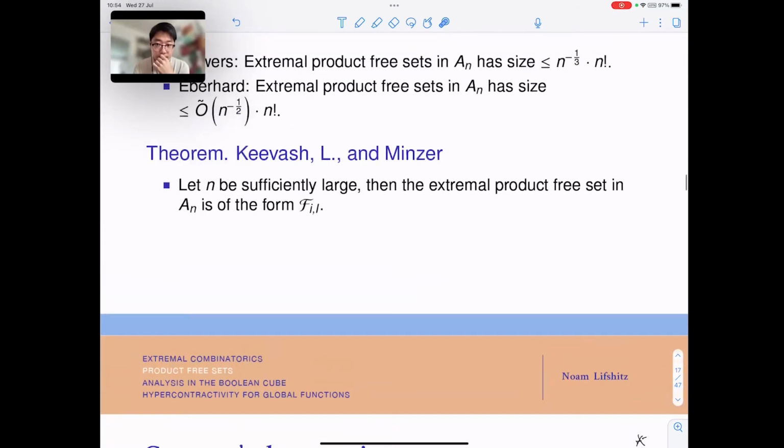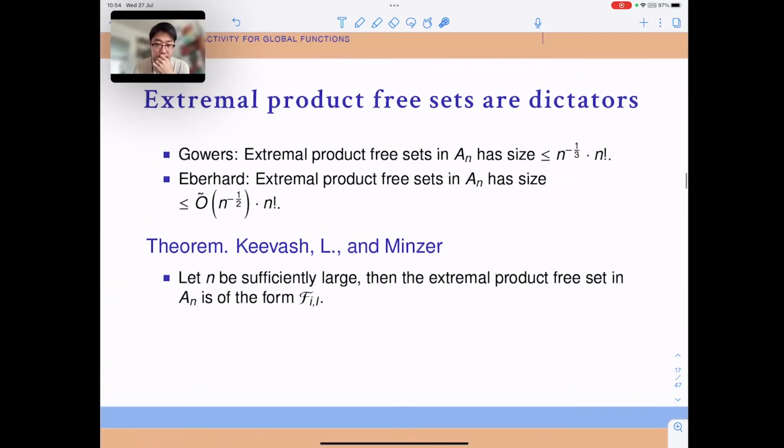And we solved the problem completely, and we showed that the conjecture is correct, and the extremal product free set in A_n is indeed a product free dictator. So it's a set obtained from a dictator by messing with it a little bit to make it product free. And this is indeed the extremal example.